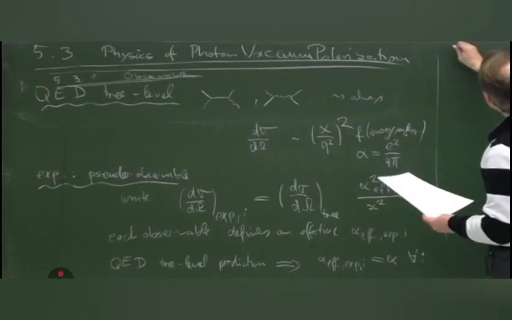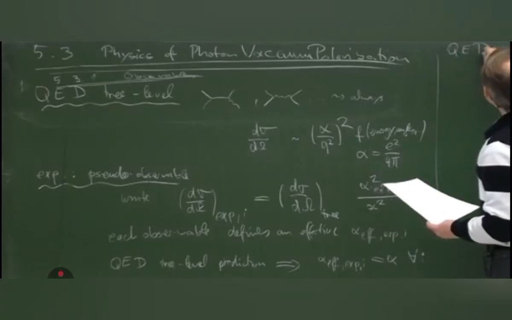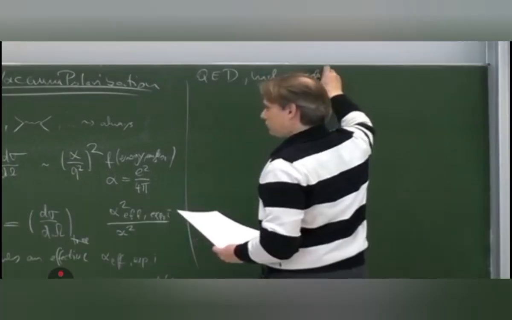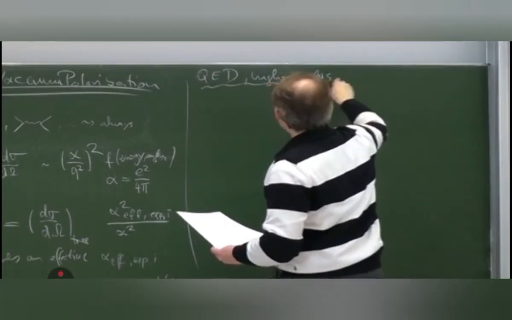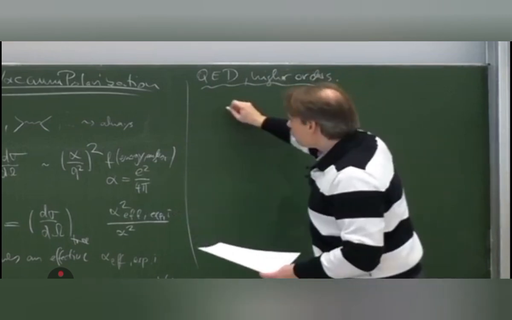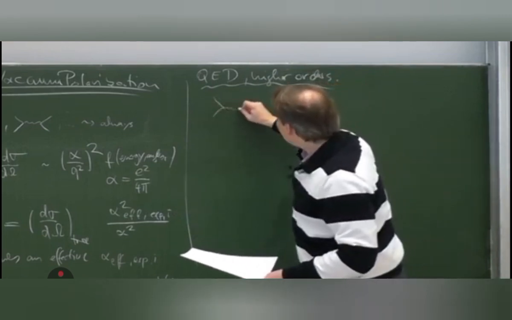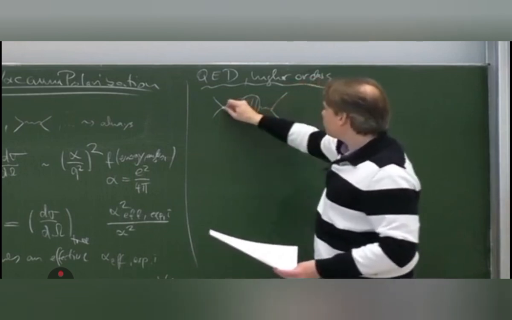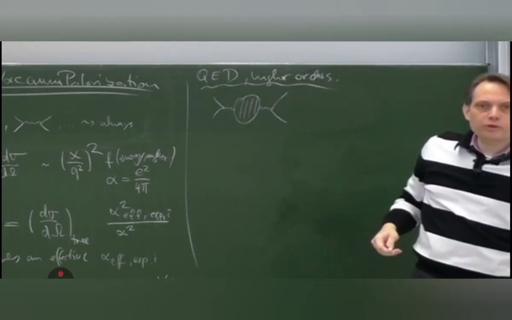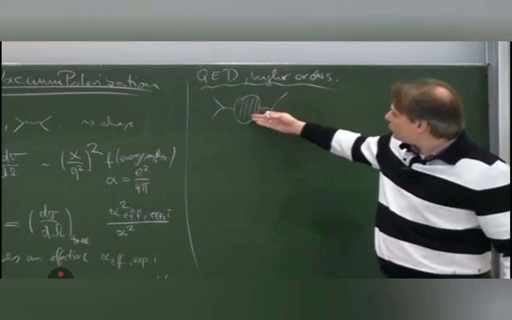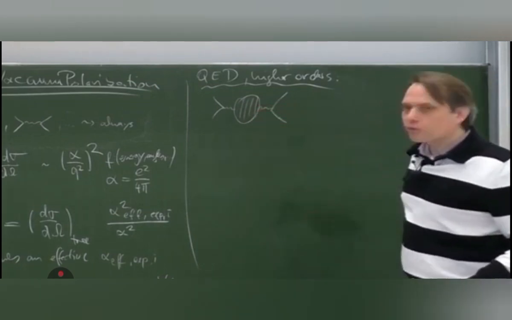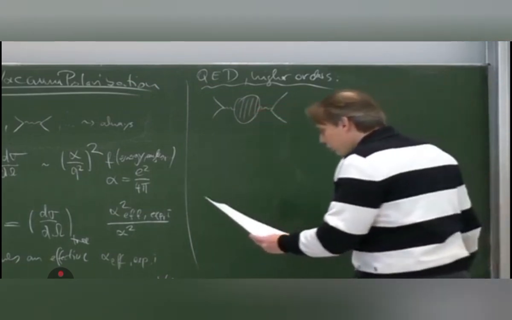So what we get in QED at higher orders is the following. In QED at higher orders we will have new Feynman diagrams, and in particular we have done the approximation where the only higher-order Feynman diagrams are in the photon vacuum polarization. So therefore such processes will get a correction from the photon vacuum polarization.